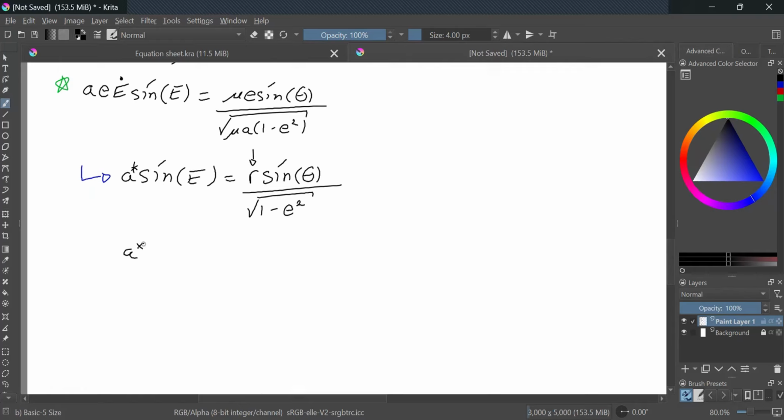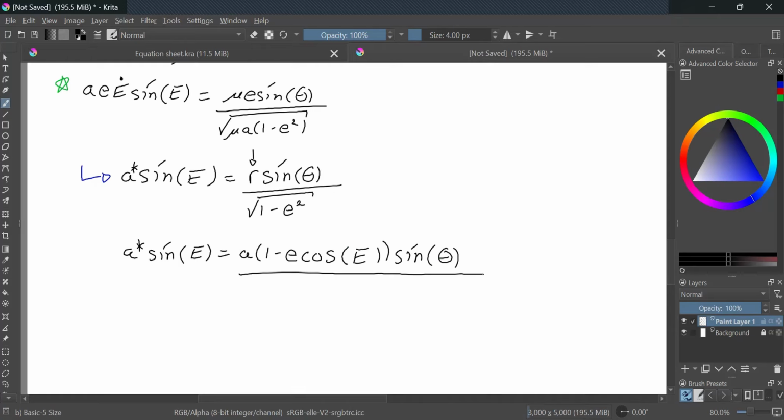Sine of E is equal to a times 1 minus the eccentricity times the cosine of the eccentric anomaly angle, not theta, and that is multiplied by the sine of theta, all divided by the square root of 1 minus e squared.